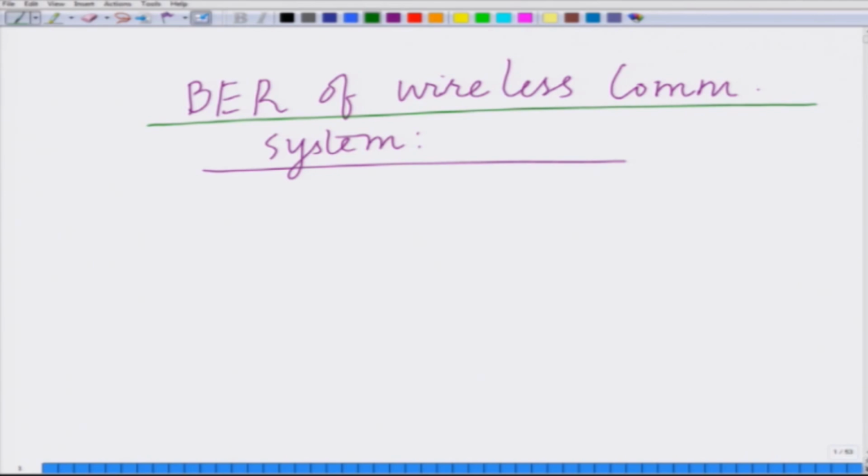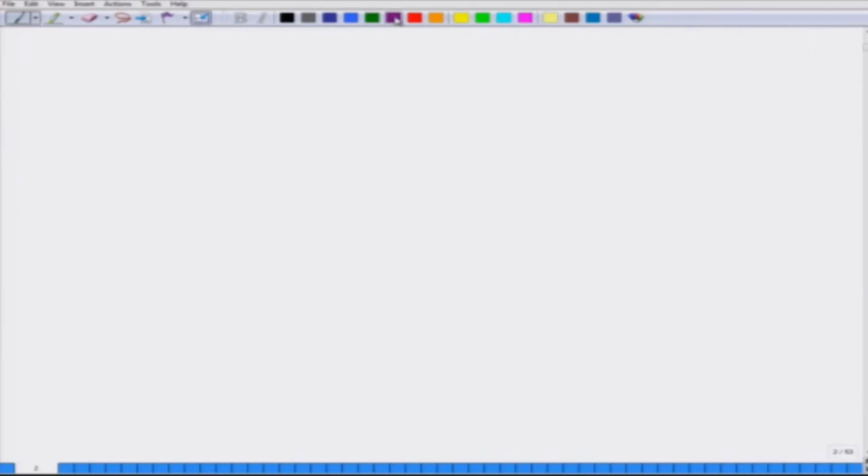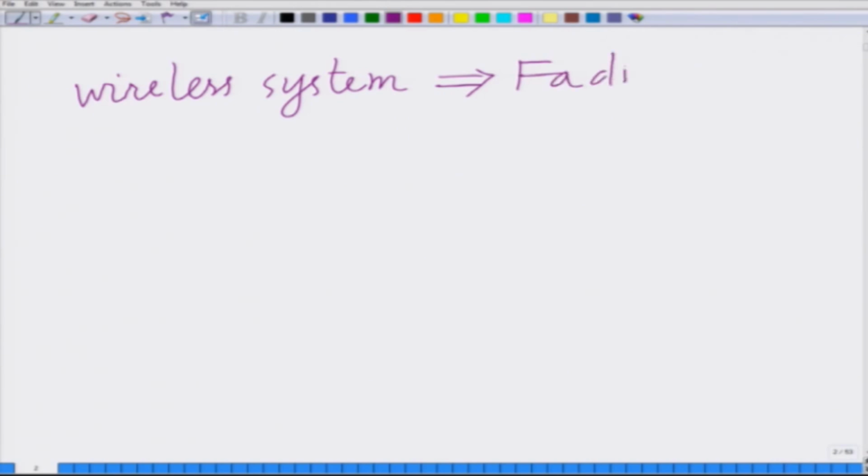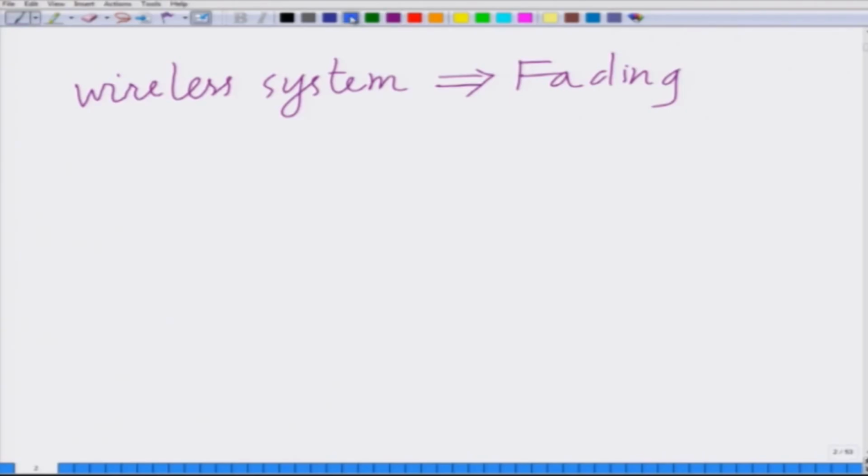And as we said previously, in a wireless communication system there is fading due to multipath nature of the propagation of the signal in the wireless communication environment. The signal is fading in nature because of the multipath propagation nature of the wireless channel, and therefore the channel can be modeled as follows.